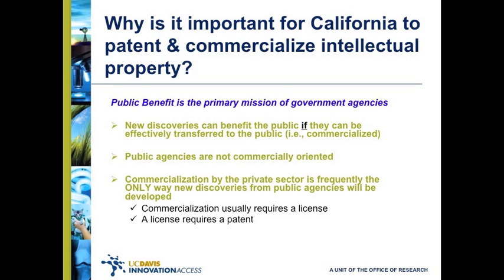At a university, inventions are usually early stage, basic research discoveries, and are not oriented towards a commercial product. Through patenting, we are able to attract licensees, that is, companies who may be interested in providing the additional capital to take that early stage discovery to a commercial end product.